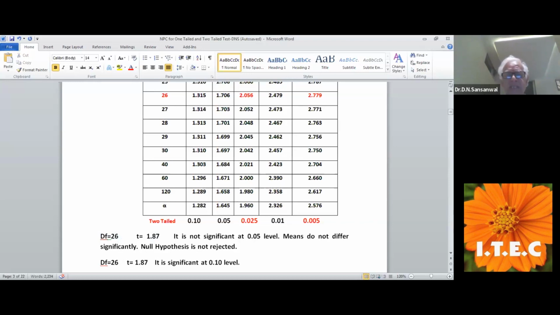If I say it is significant at 0.10 level, because this is 10 and this is 0.5 and this is 0.2 and this is 0.1 in the two-tailed test, then what is the meaning?